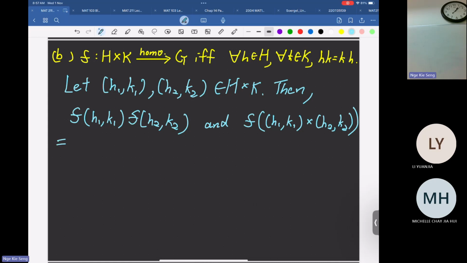So on the left hand side, what do you get first? Ryan, what do you get? h1, h2, k1, k2. Say again, I didn't hear. What is this term here? Sorry, say again, slower a bit.